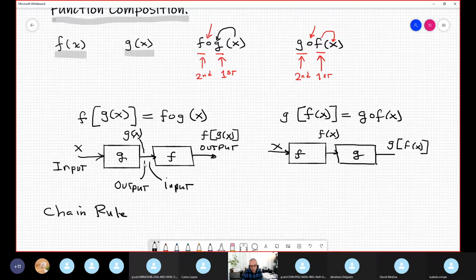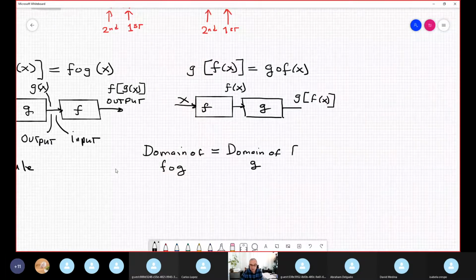In my opinion, the easy way is this. The formula for the domain of, for example, f composition g in this order is the domain of the first function, always. In this case, g, according to this order.